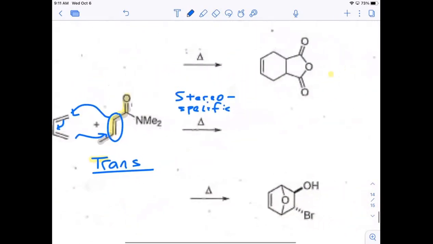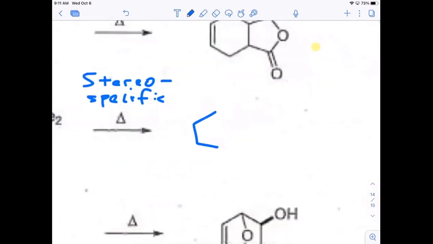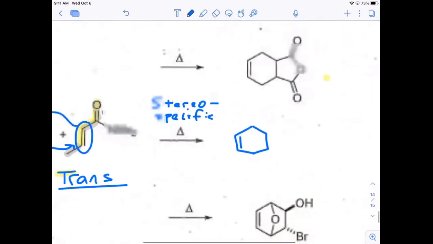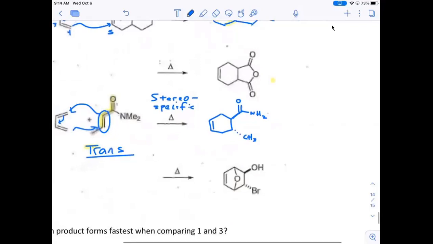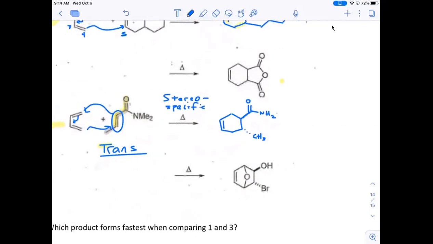We're going to get a 6-membered ring, of course. Alkene is shifted to here, but the groups are trans to one another on the product that we made from this cycloaddition.